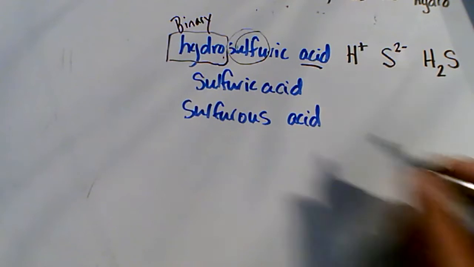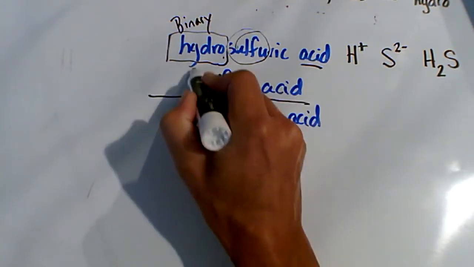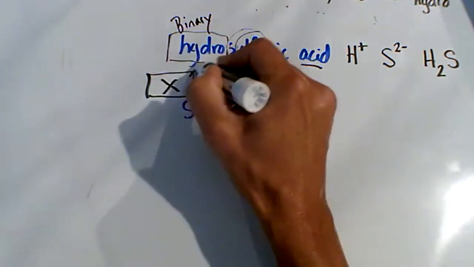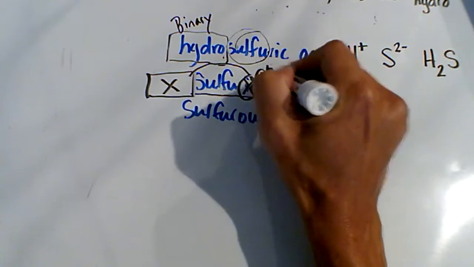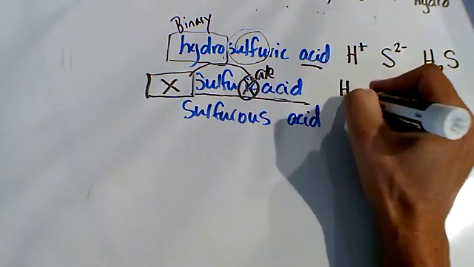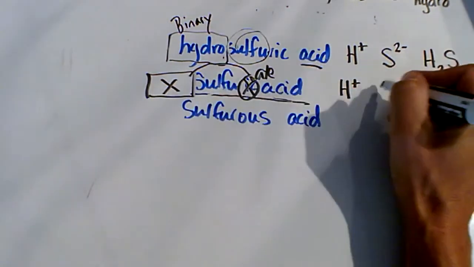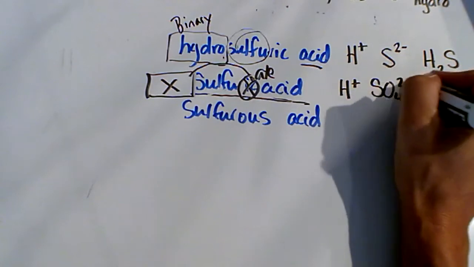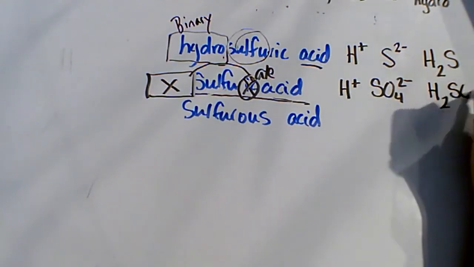All right? Sulfuric acid. Well, there is no hydro, so I'm going to look to the ending, and ic was an ate. Acid, hydrogen is the first element, and this time he's with sulfate, which is SO4, 2 negative, giving me a final formula of H2SO4.